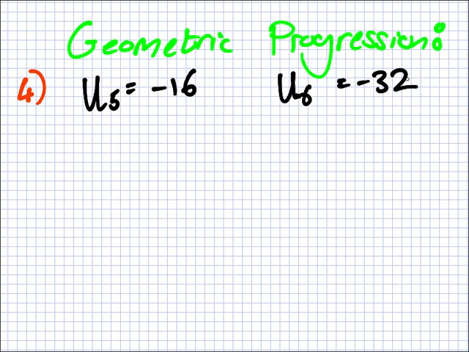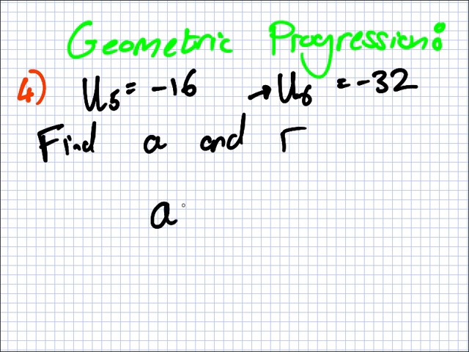And we're looking to find A and R. Now, let's look at this guy first, U6. So using the formula, that's A R to what power? N-1. Yeah, so what number would N be here?